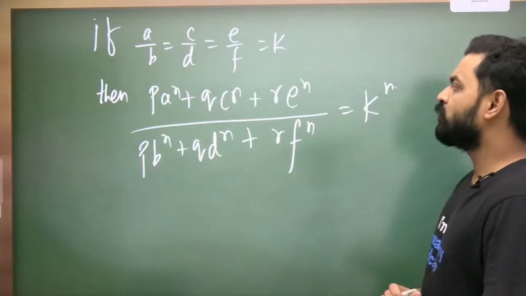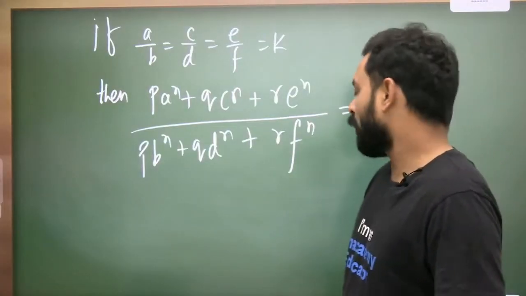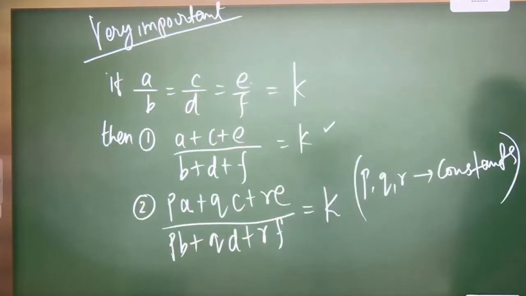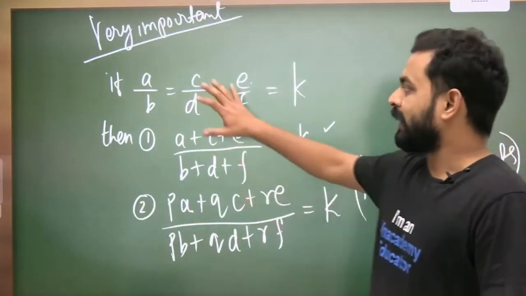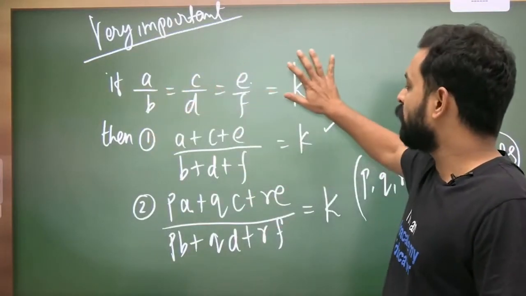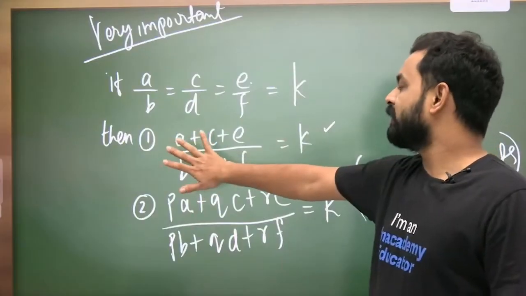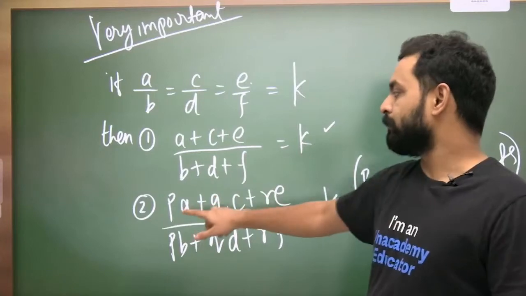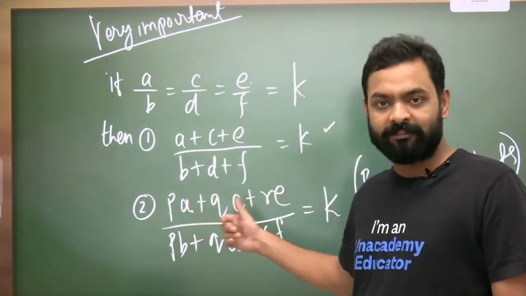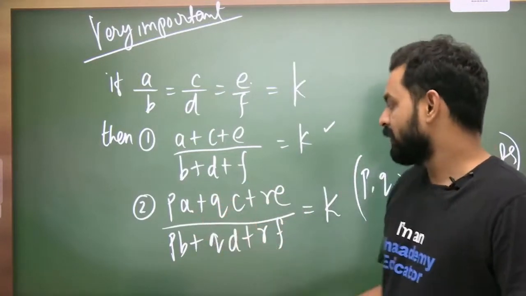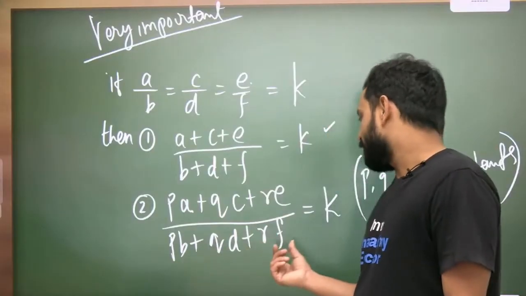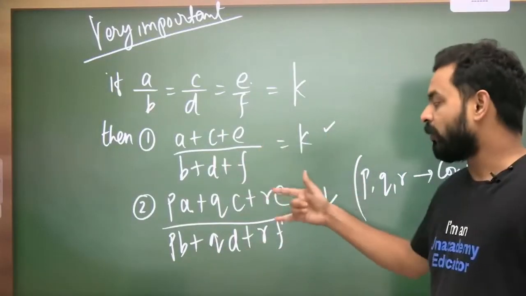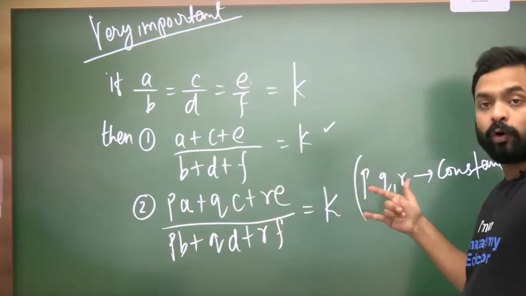And we can take some values as well. Please note them all. This is very important. If a upon b is equal to c upon d is equal to e upon f is equal to k, then a plus c plus e upon b plus d plus f is equal to k. p, q, r are the multiplying factors: p a plus q c plus r e divided by p b plus q d plus r f, the ratio of the sums is equal to k.